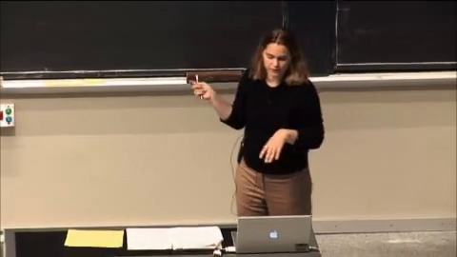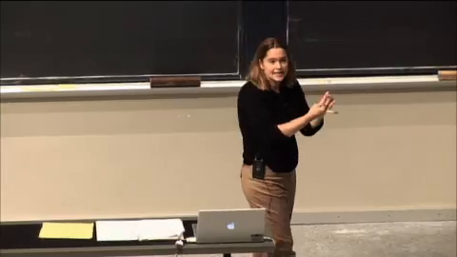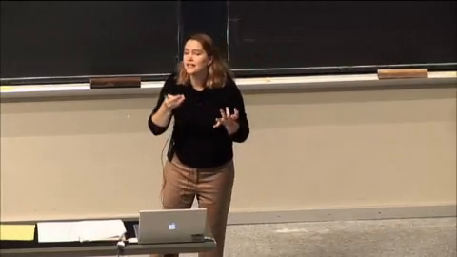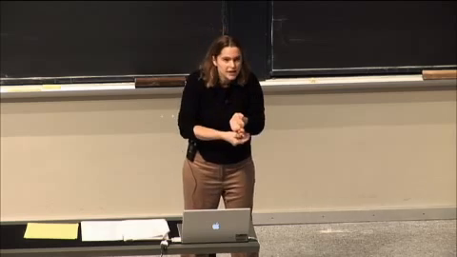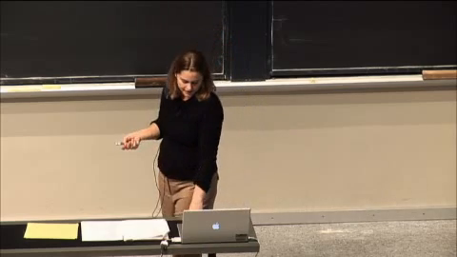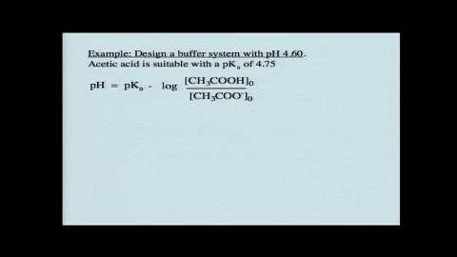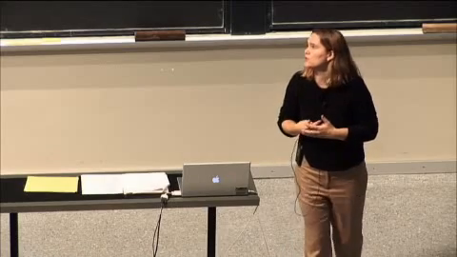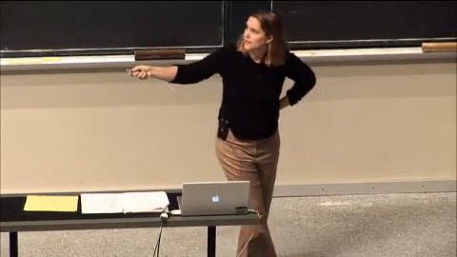We can prepare our buffer, but we'll need to add the acid and the conjugate base, and we need to know how much acid and how much of the conjugate to add. So we can use the Henderson-Hasselbalch equation for this. We're creating a buffer, and so this is an equation we can use for buffers. We know what pH we want.